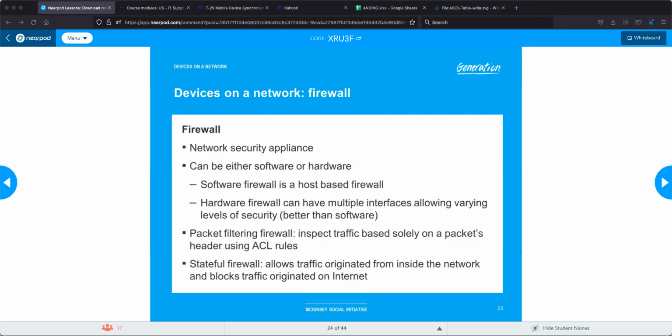I'm still confused with the firewall. Is it software or is it a kind of hardware thing? It can be both. There is a software version, which is a piece of software you would download onto your computer. Windows Defender Firewall is a good example of a software firewall.